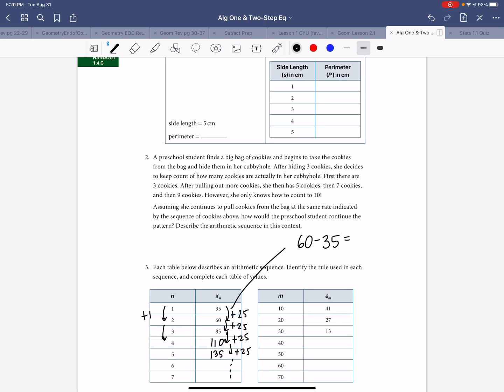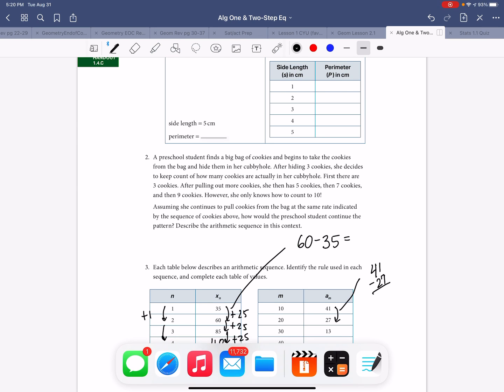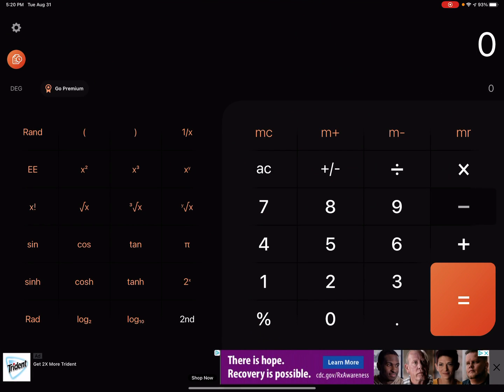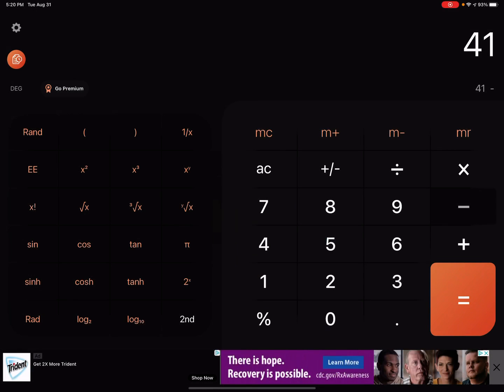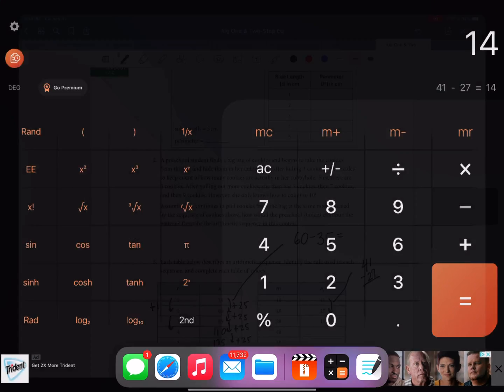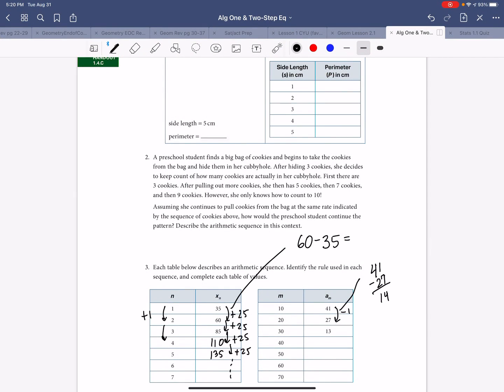Here, let's figure out, how did I get there? Well, apparently I did not add, I subtracted. So let's figure out what I subtracted. 41 take away 27 is 14. Okay, so that's 14. If I subtract 14 from 27, I get 13.